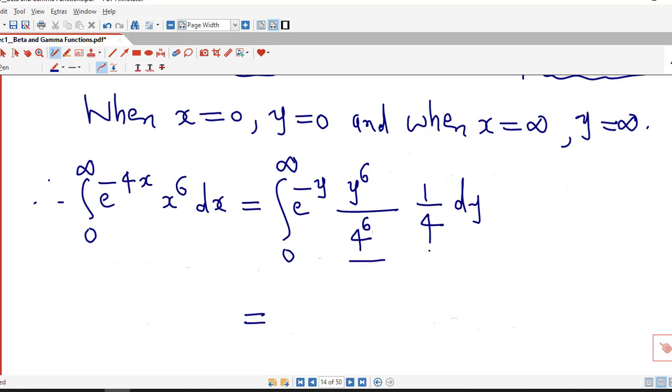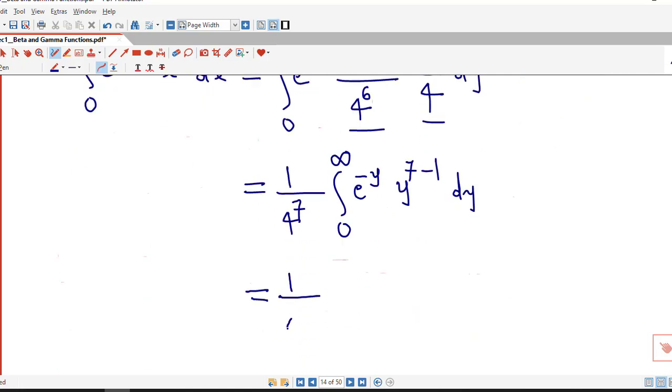Now 4 raised to 6 times 4 is 4 raised to 7, which is independent of y, so we can take it outside, and we rewrite the rest as e raised to minus y, y raised to 7 minus 1 dy.